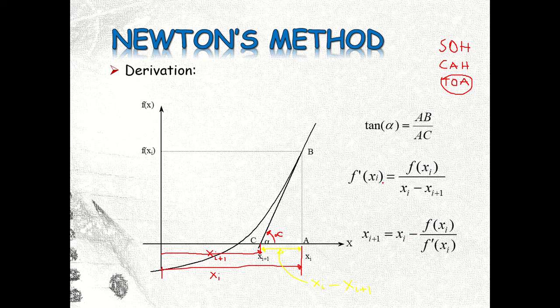Why negative? Because when you cross multiply it here, this is negative. We want to solve this, so to make it positive you have to multiply both sides by negative 1.